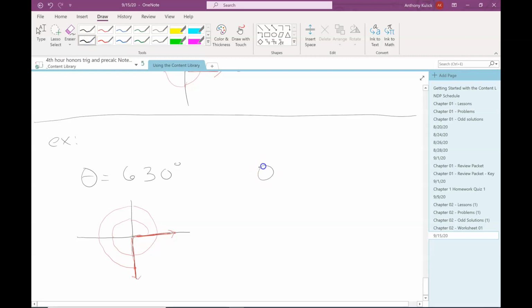What if we instead asked you to do 10 pi over 3 radians? Try to do it without converting it into degrees, which I know is your natural instinct to want to do.